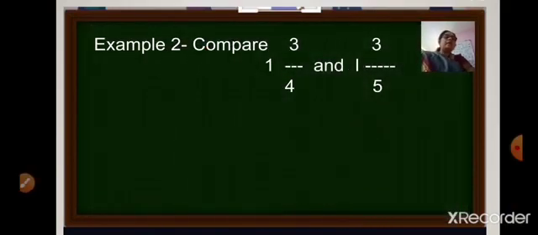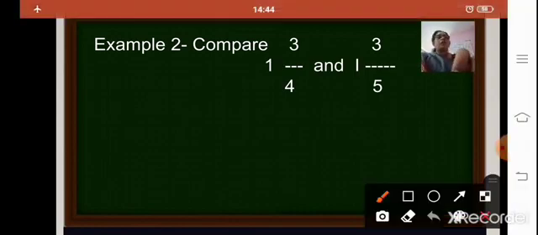Now here it is a mixed fraction, that is 1 3 upon 4 and 1 3 upon 5. Now when you have a mixed fraction, what you have to do is first convert it into an improper fraction. When you convert it into an improper fraction, that is 4 ones are 4, plus 3. This we have already learned, how to convert into improper fractions.